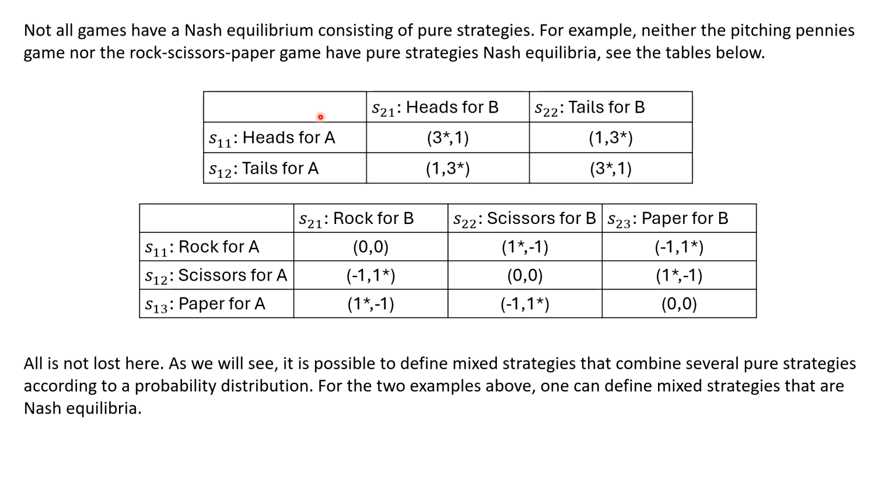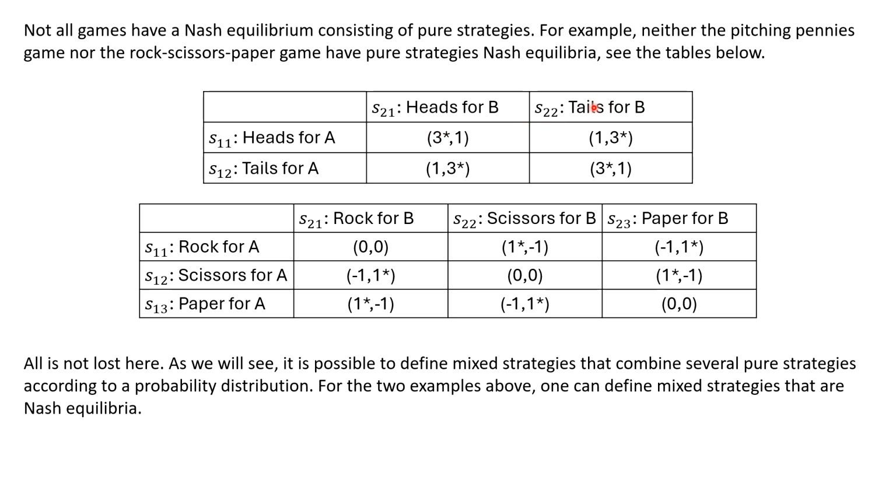We can maybe just look at this first one here. So for player A, if player B plays heads, then the better is 3. So A would want to have heads in that case. So we put a star next to 3.